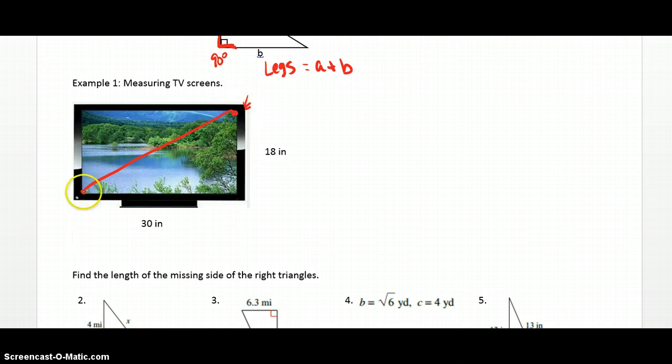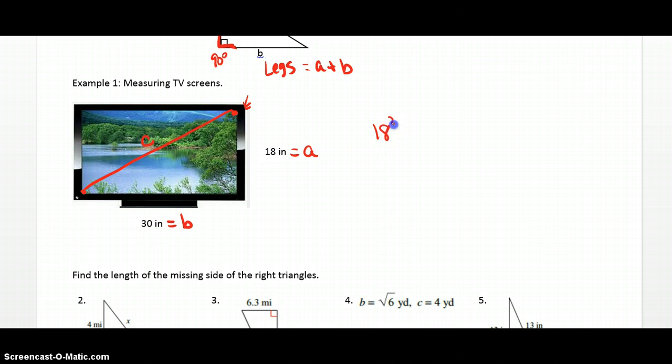If mine goes across 30 inches, and the up and down part is only 18 inches, calling one A and the other B, I can find the diagonal C, and that'll tell me how big my TV is.